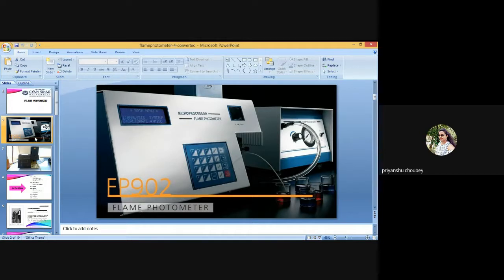But flame photometry has the advantage of comparatively much lower initial and maintenance running cost because of its simple optical system, and the operating procedures are well suited to laboratories that cannot afford costly equipment.